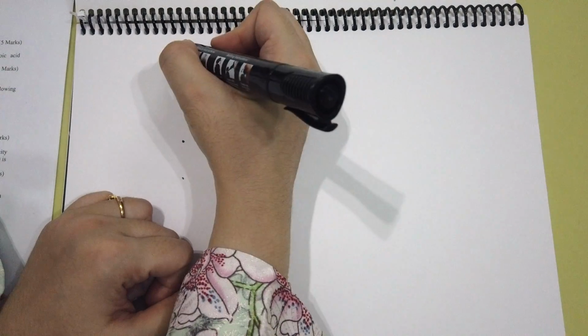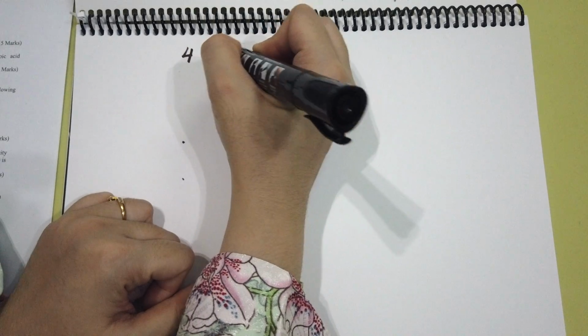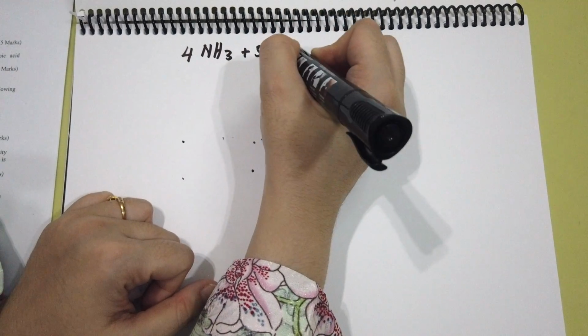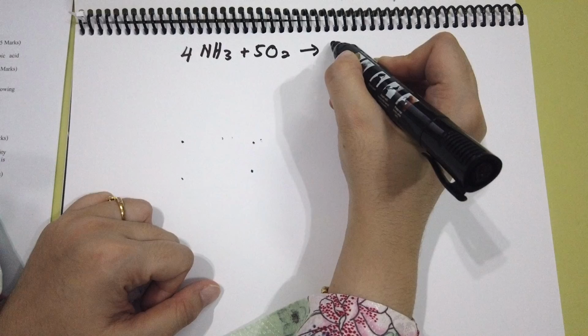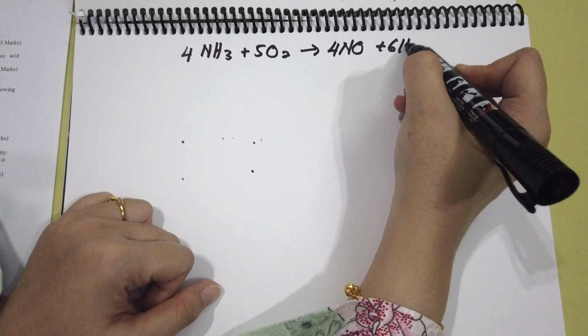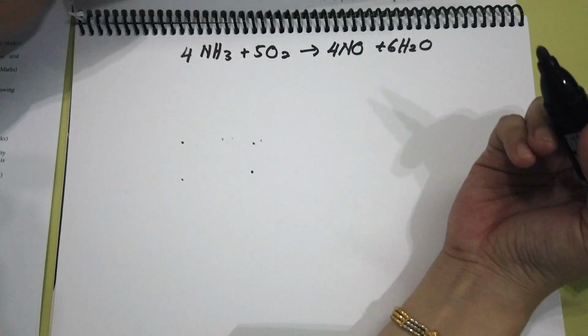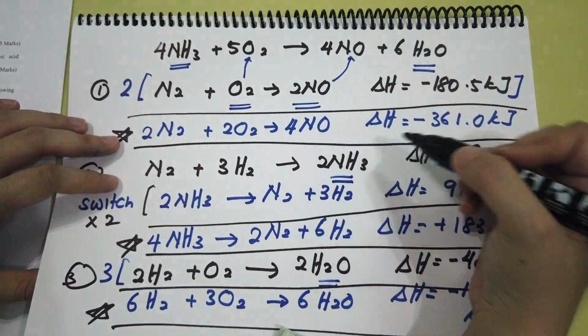The target equation is 4NH3 plus 5O2 will produce 4NO plus 6H2O.